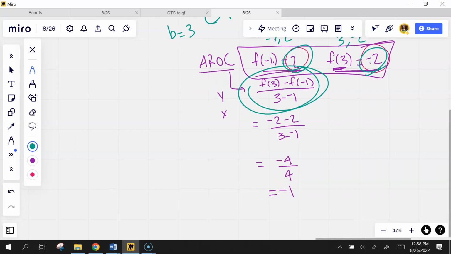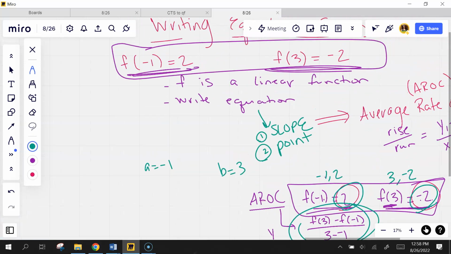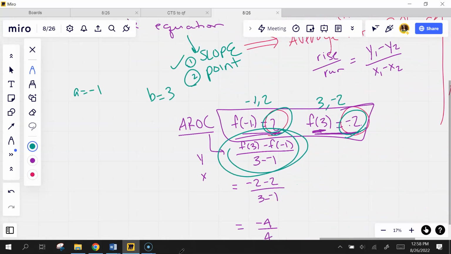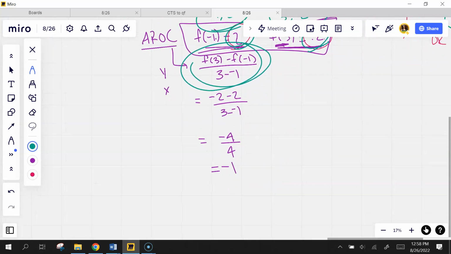Let me write the equation, then we'll do another one. So remember, the whole point in this is writing the equation of a line. I have the slope. What do I need to write the equation of a line? I need a slope. Got it. That's A rock. I also need a point. Lucky for me, I have 2 of them. Pick one. It doesn't matter which one. -1, 2 is my point.